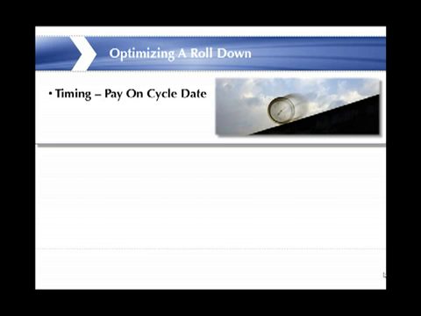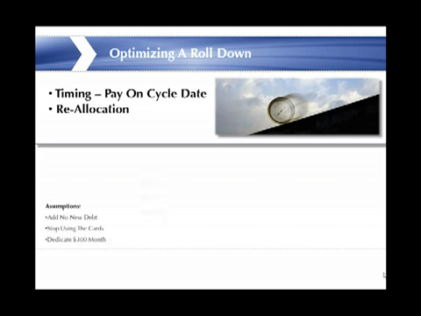The cycle date will be the date that your cycle ends and that the statement is produced. If you go online, you can find that immediately. If not, you have to wait until your statement arrives. But once you know when it is, then you can time your payment to be made as close to that cycle date as possible.